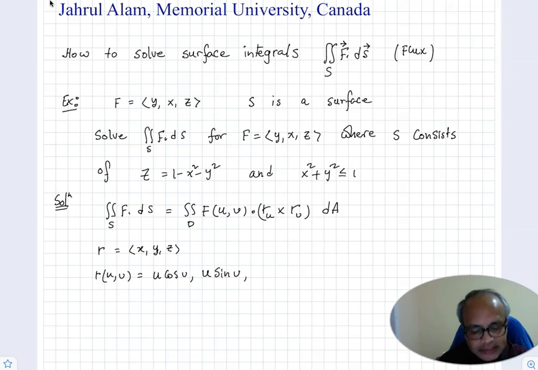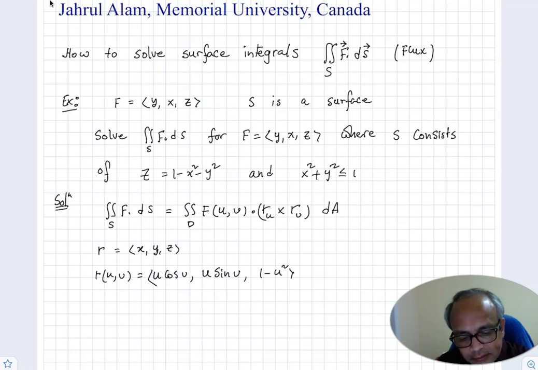Now z has to come from the given equation for the surface. The equation here is the paraboloid, z equals 1 minus (x square plus y square). Now x square plus y square gives you u square cos square v plus u square sin square v, which becomes just u square. So that will be simply 1 minus u square.